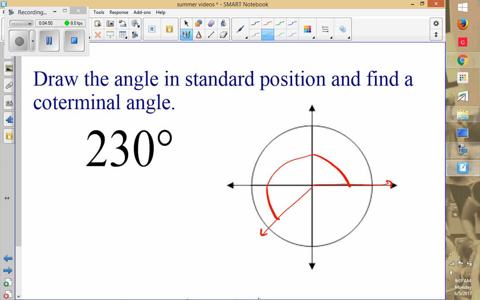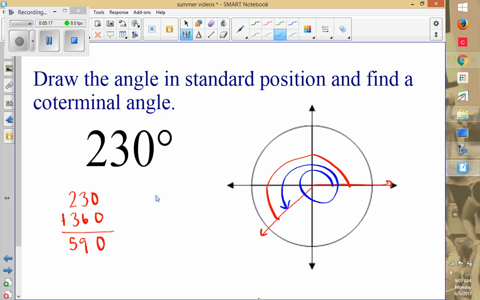And if I want to have a coterminal angle, I'm a full circle around. So I can either be 230 plus 360, which would be 590. If I drew a 590-degree angle, we'll do it in a different color, I would be one full circle around plus the additional 230 degrees.